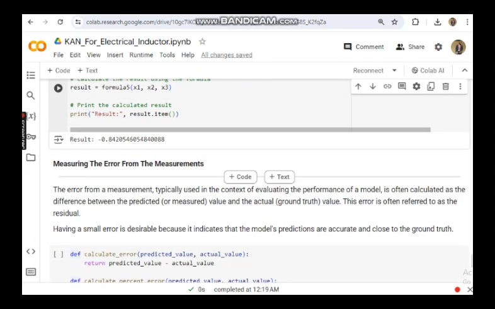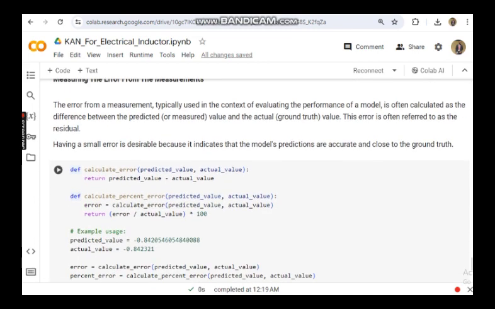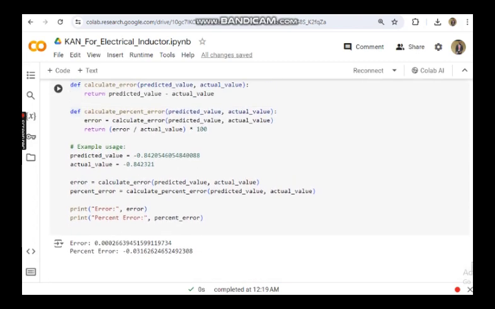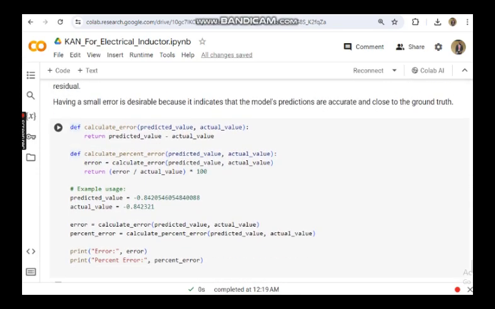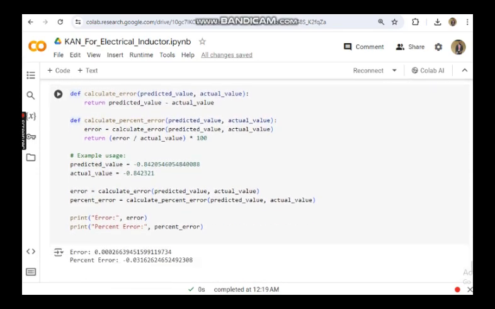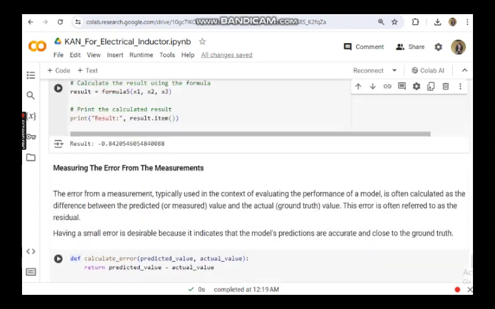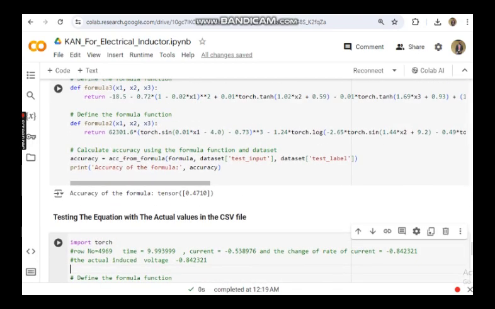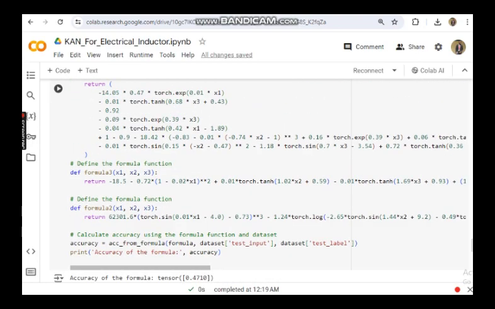I also measured the error between the measured value and the actual value. It's really, really small, which is negative 0.3, which is a good thing, meaning it's not 100% error free. It's not very accurate.